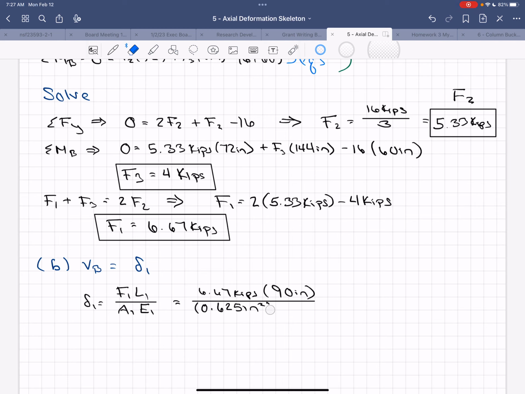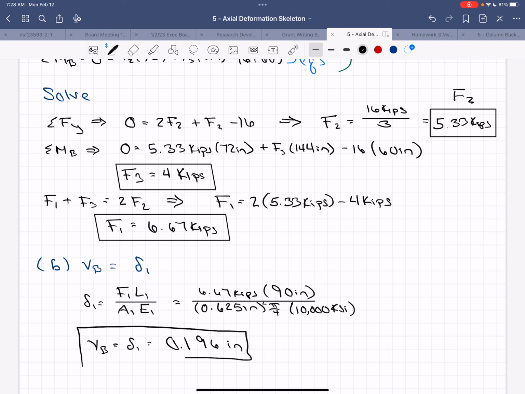Sorry. 0.625, so we need to turn that into an area. So that's squared times pi over 4. Now we have an area. All times E, which is 10,000 KSI, which is kips per inches squared. And we get VB equals delta 1 equals 0.196 inches. And there is our final answer.